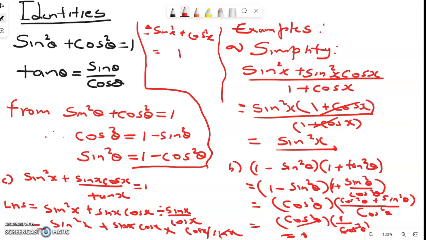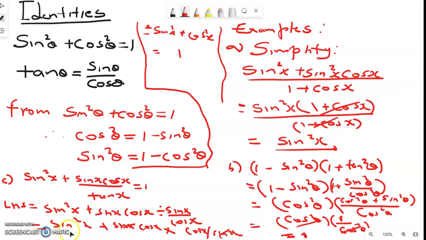The left hand side was given as sine square x plus sine x cos x over tan x. Our first step is to write this as sine square x plus sine x cos x, then we use the division sign, so it is divided by sine x over cos x. Remember that tan x is equal to sine x over cos x.